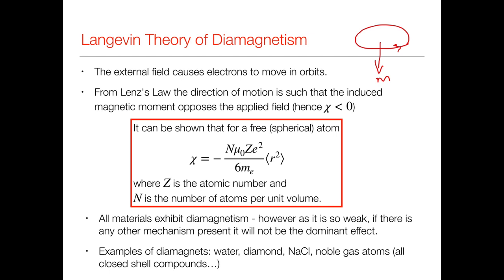So a frog, same as a human, is mostly comprised of water. Water is diamagnetic, so frogs are diamagnetic. You're also diamagnetic. So at the moment, unless you're sitting in a magnetic box, you are probably experiencing the Earth's magnetic field.